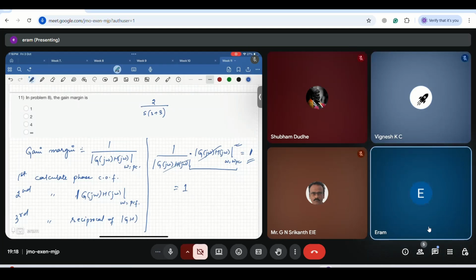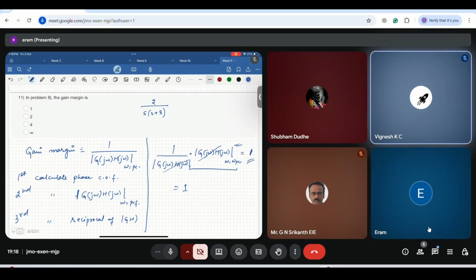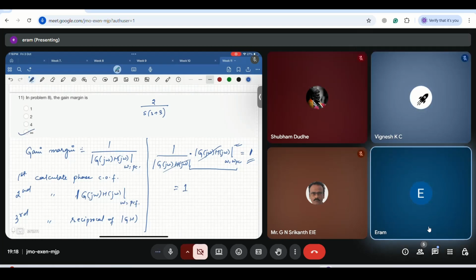So the answer is option D. Okay, so what does it mean? It means the system is such that it is never ever going to have a magnitude of 1.